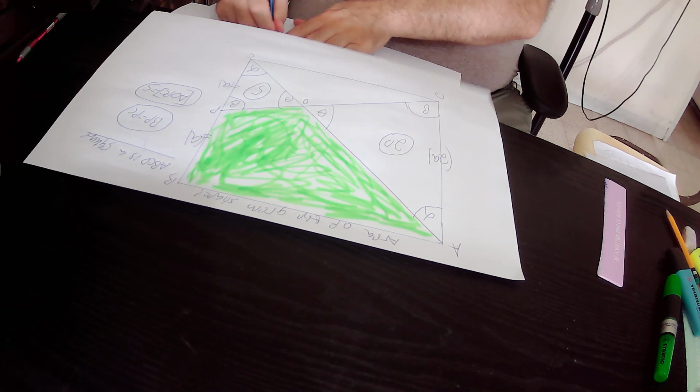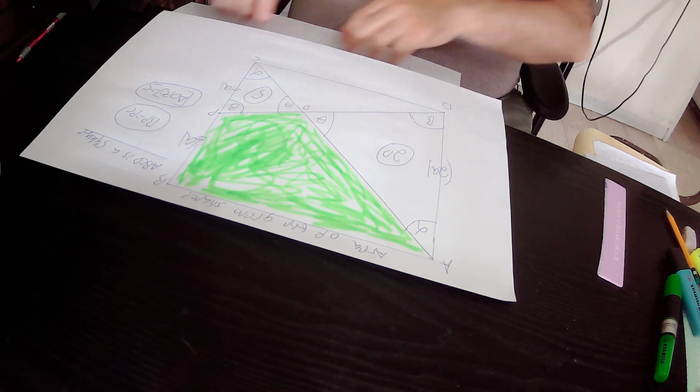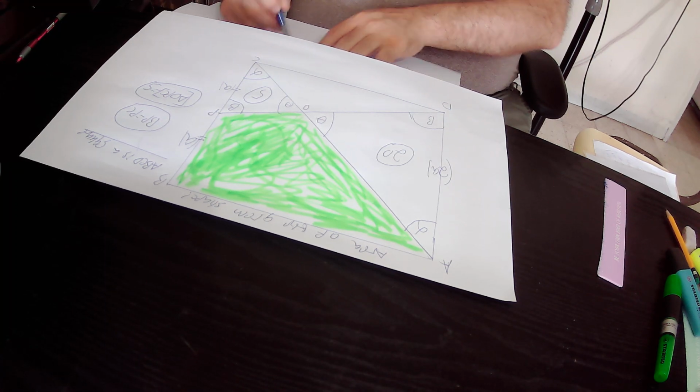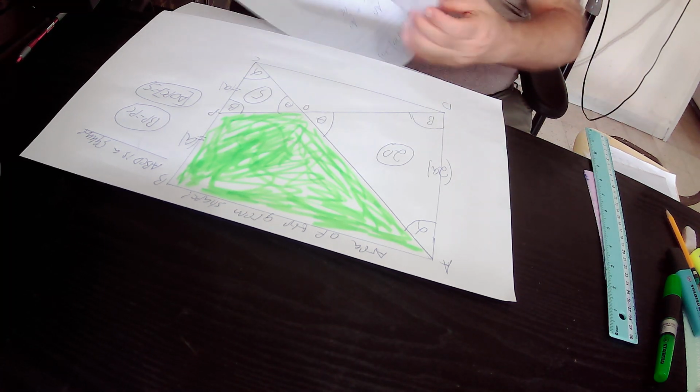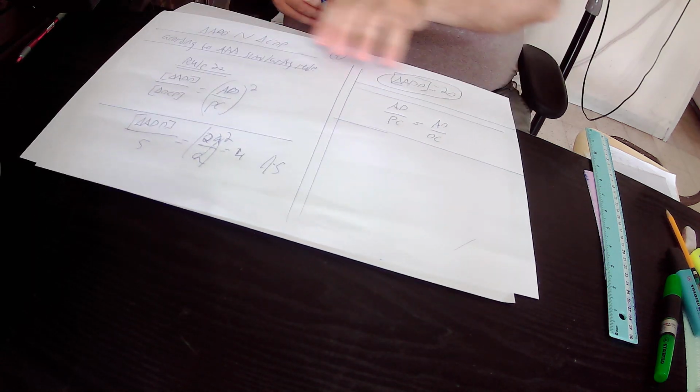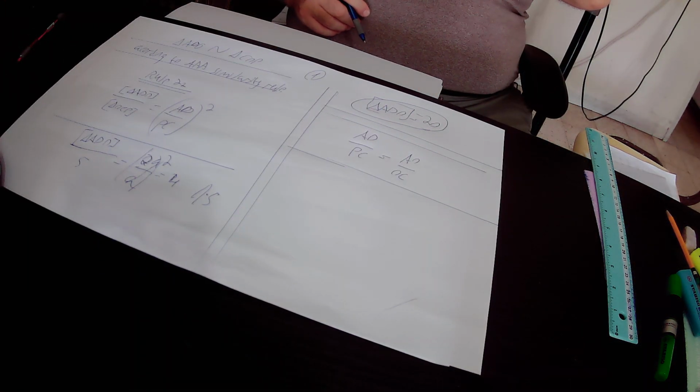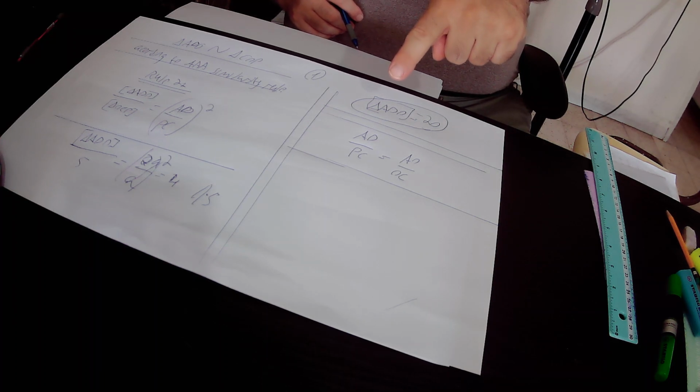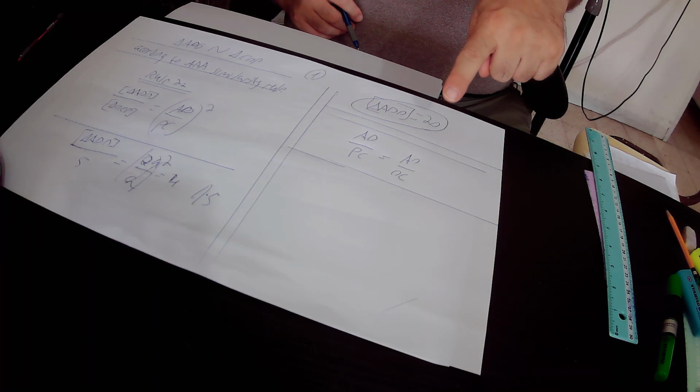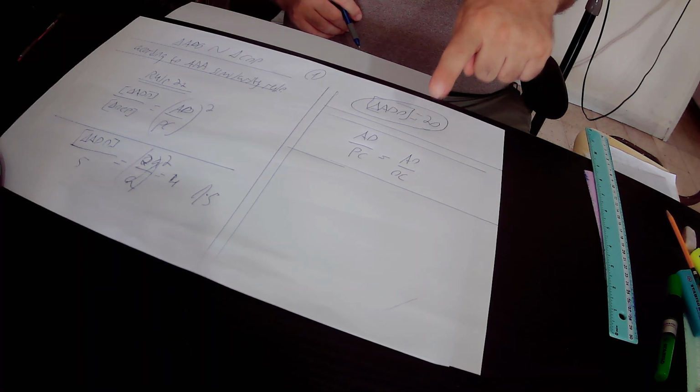And again, from the fact that those two triangles are similar to each other, the following relationship exists between their sides. Side AD of triangle ADO over side PC of triangle POC is equal to side AO of triangle ADO over side OC of triangle COP.